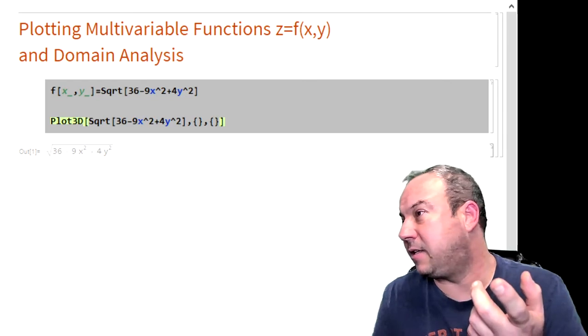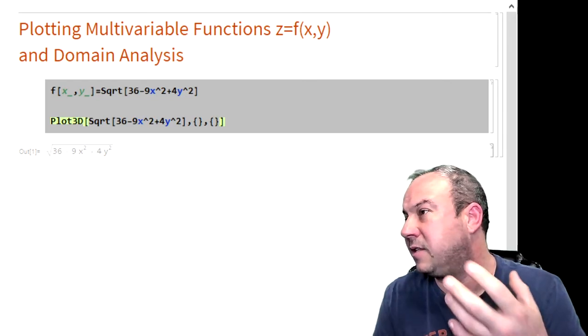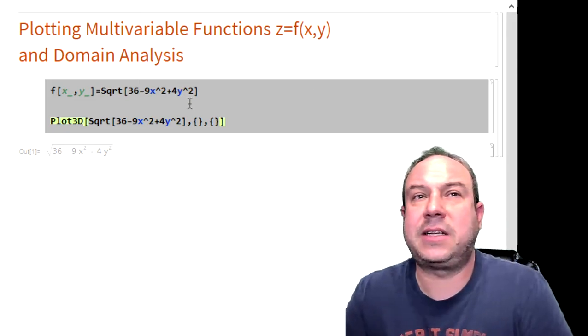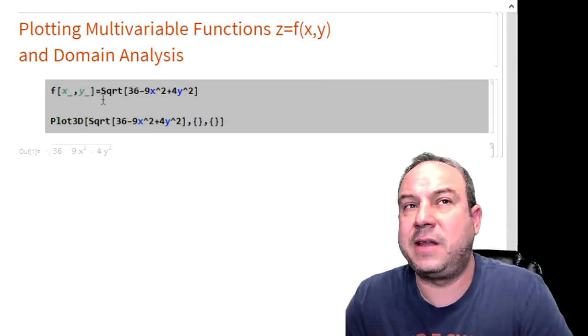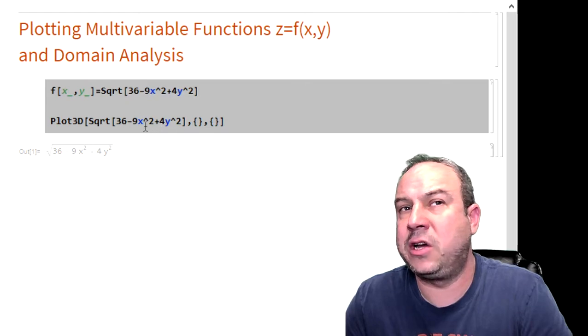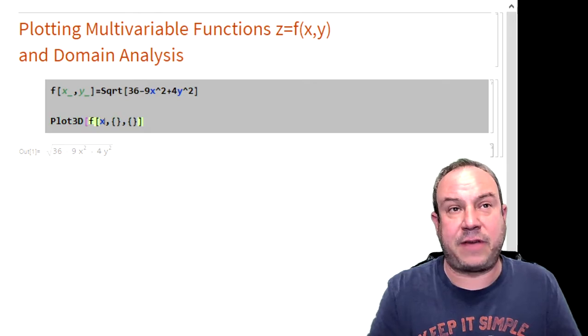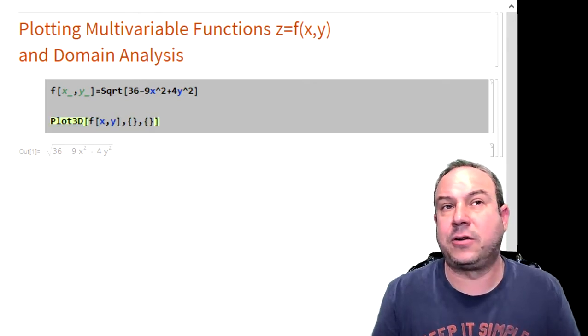But as I like to do, I like to build a function that I can adjust later and adjust easily, right? So I always like to declare my functions first, because then I can do all sorts of things with that without having to recall it each and every time as the square root value. So I'm going to just put that in there, f of x comma y, and declare that function.